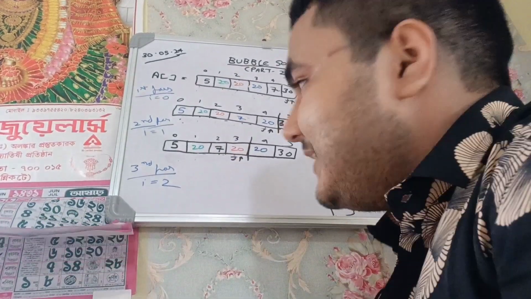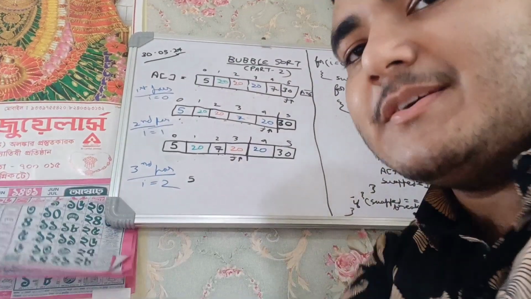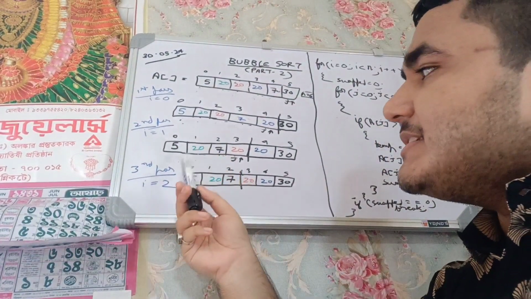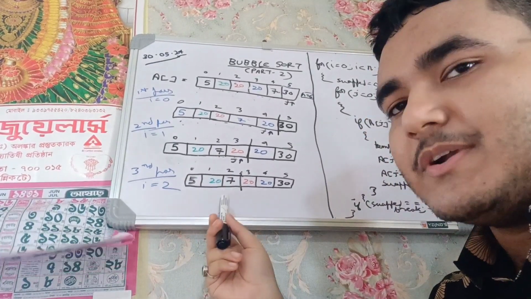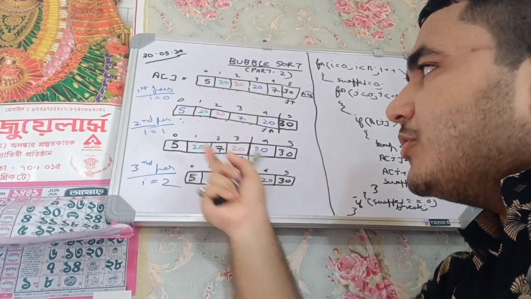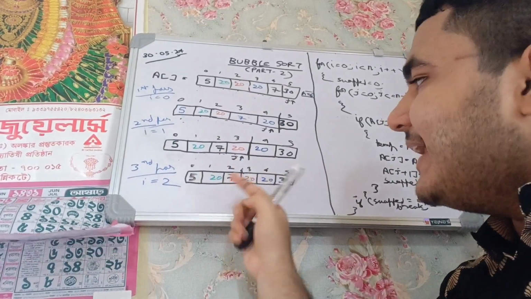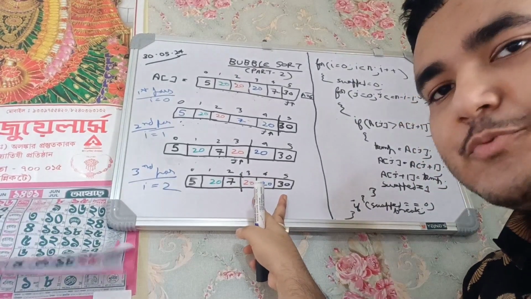Okay, let me rewrite it for you. 5, then 7. Just a second. Okay, so this is at the end of our third pass. At the end of the third pass, this is our result, right? At the end of the third pass, these three elements are at their correct position.